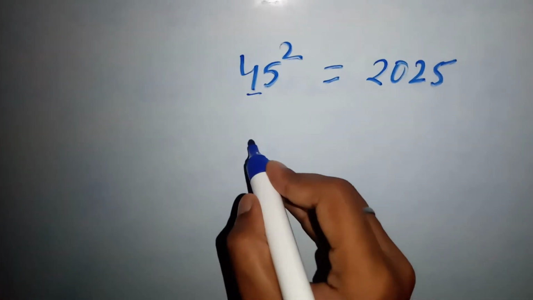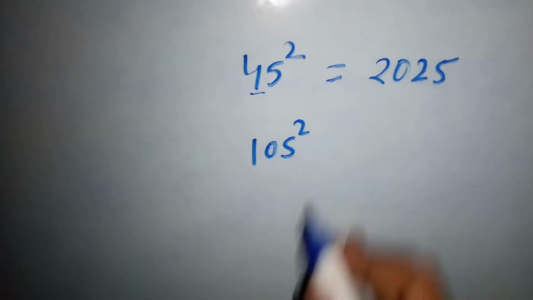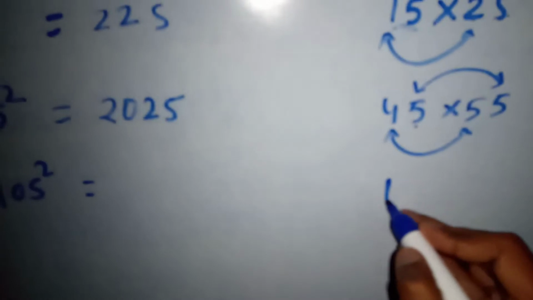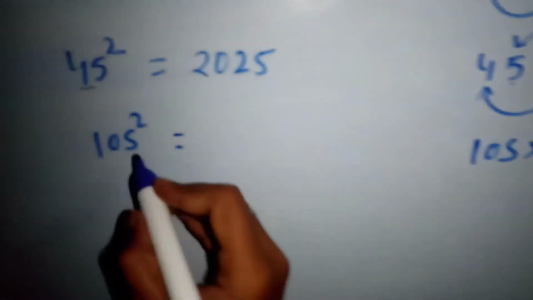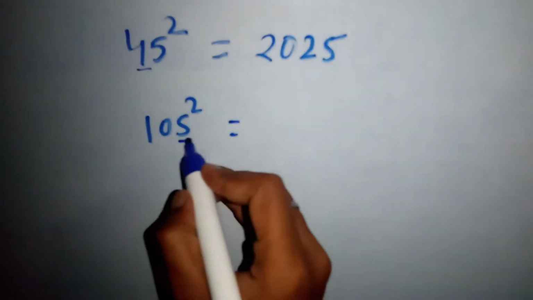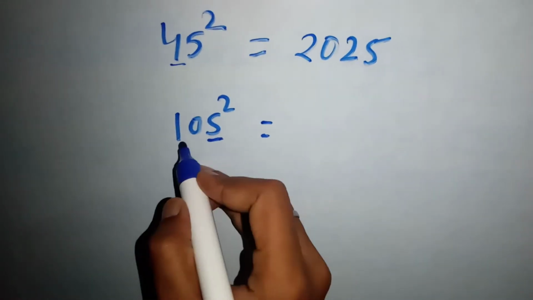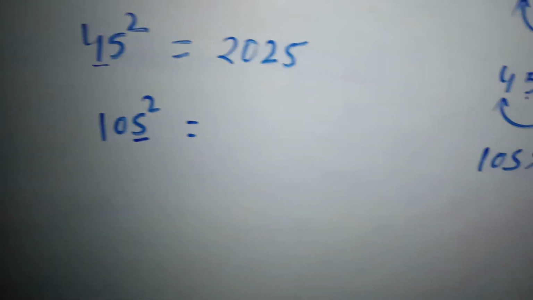Suppose we have to find 105 square. How will we find it? See, after the unit digit 5 the number is 10. So we will take one more, that is 11.